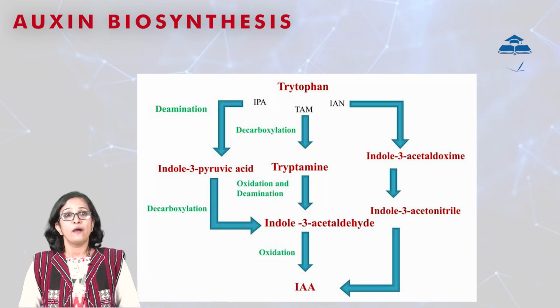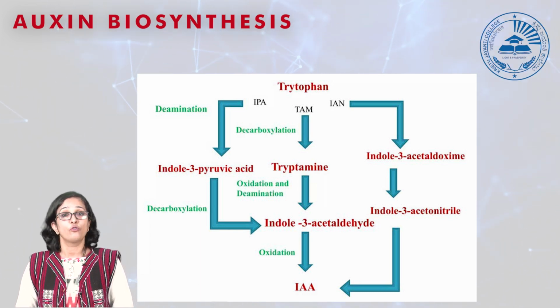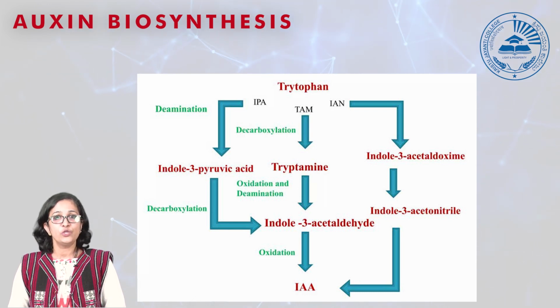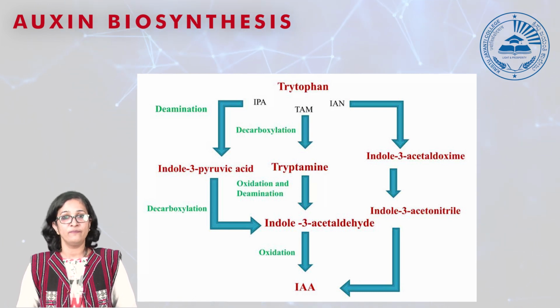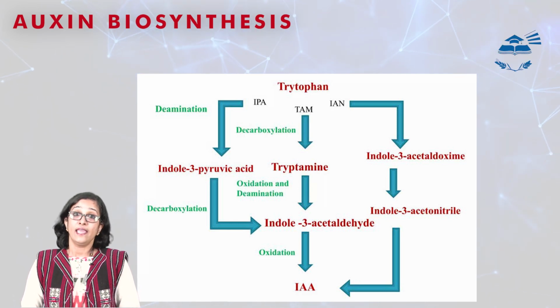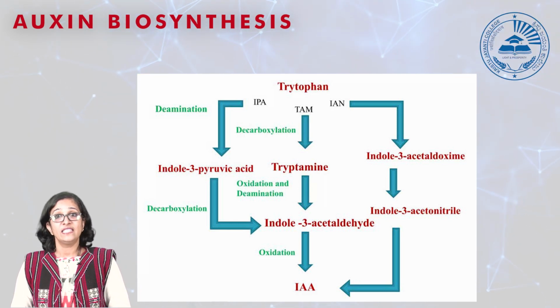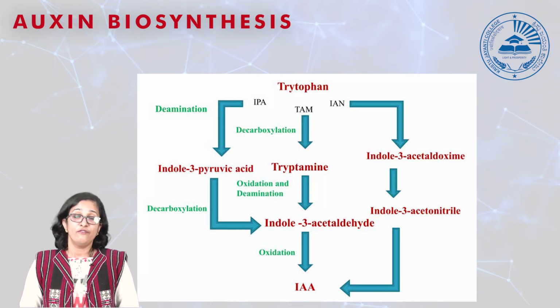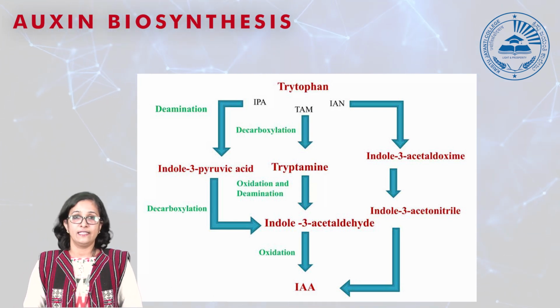In the TAM pathway, decarboxylation leads to the formation of tryptamine, followed by oxidation and deamination leading to indole-3 acetaldehyde formation, which is further oxidized to indole-3 acetic acid. In the IAN pathway, indole-3 acetaldoxime formed is converted to indole-3 acetonitrile and finally to indole-3 acetic acid.